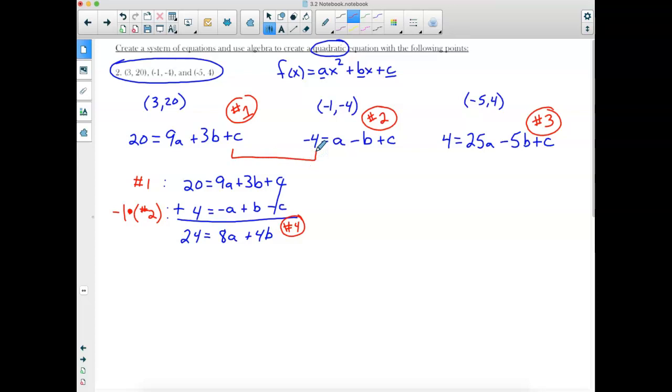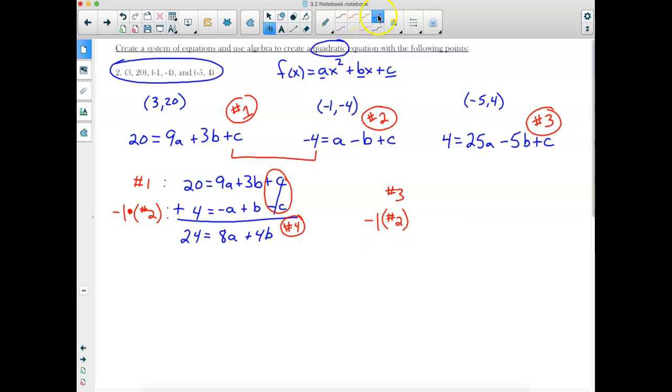Now I need to utilize my third equation with either 1 or 2, but because I eliminated C first, I need to eliminate C in this one as well. So I'm going to take equation number 3, and then I'm going to take equation number 2 again, times -1.